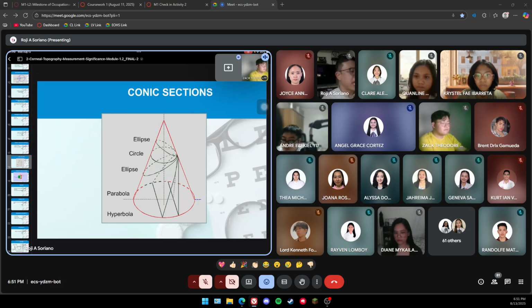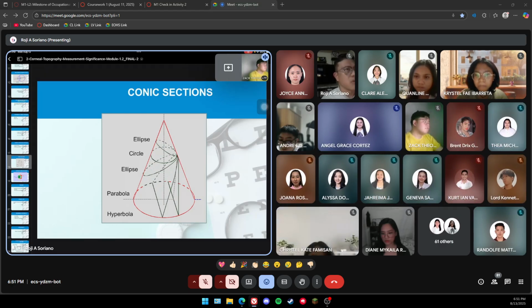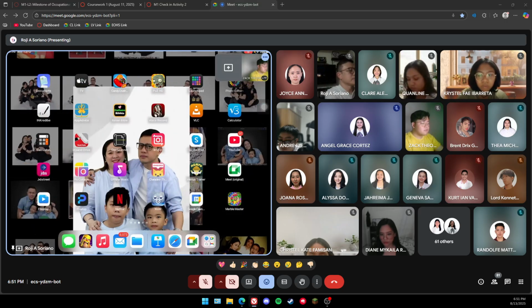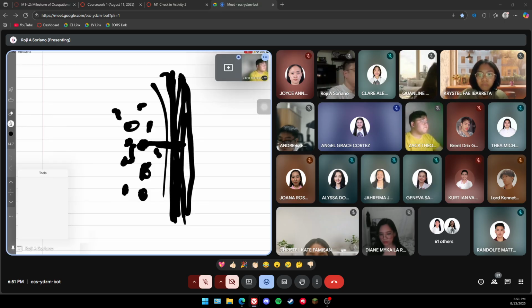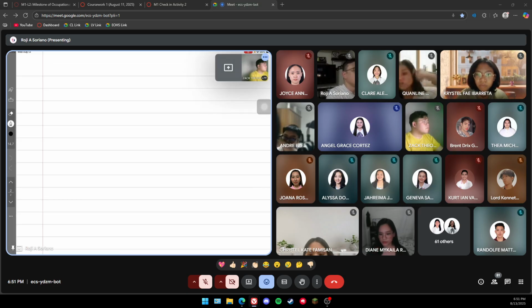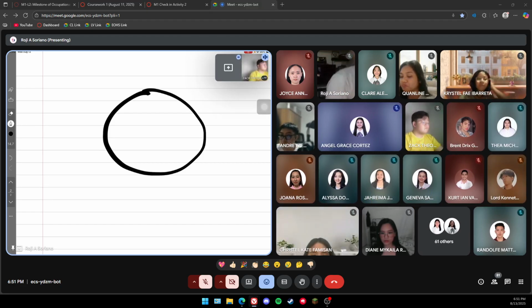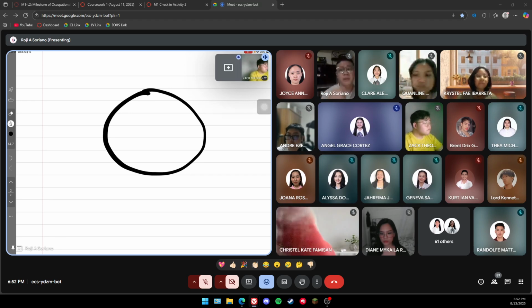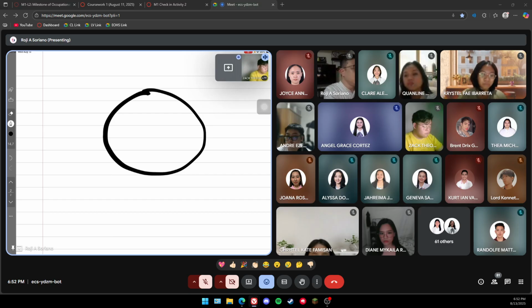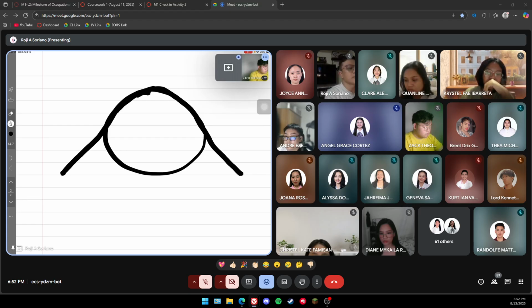In the circle, on the other hand, because circle is like zero eccentricity, meaning to say there's no flattening. How does it work? It's like this. If this is a circle, which is not a perfect circle, but assuming that that's a perfect circle, so your cornea flattens peripherally, correct?